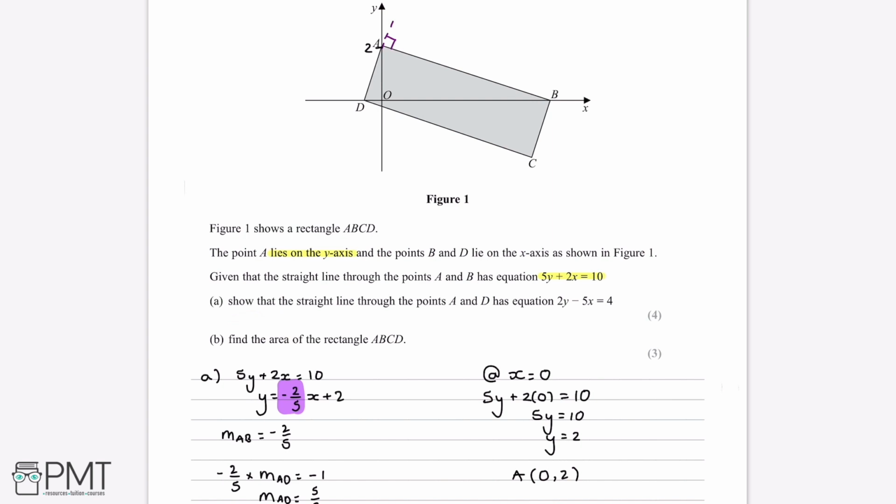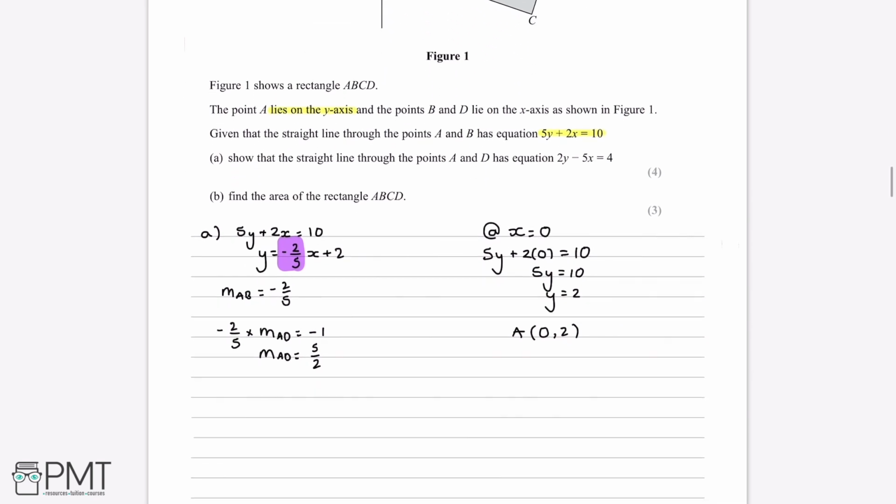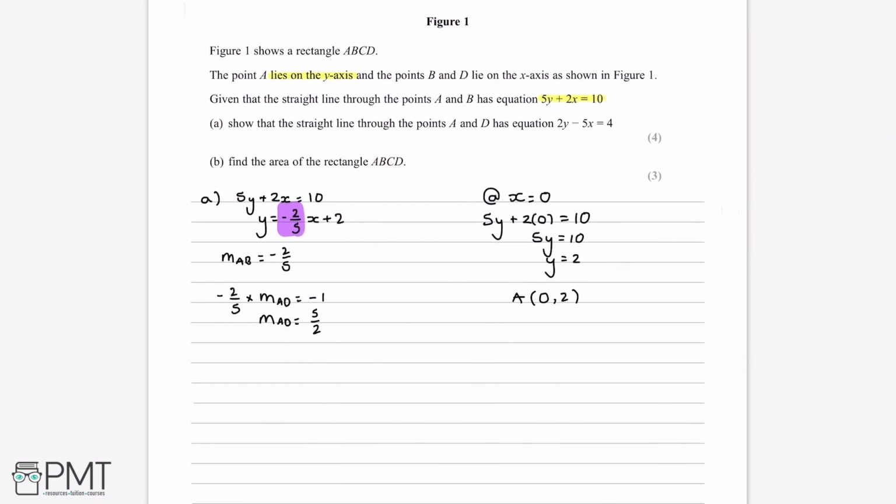So now we have the gradient of the line AD and the coordinates of a point that it passes through. And we can use this to determine the equation of the line. So the general formula for the equation of a straight line is that y minus y1 is equal to m multiplied by x minus x1.